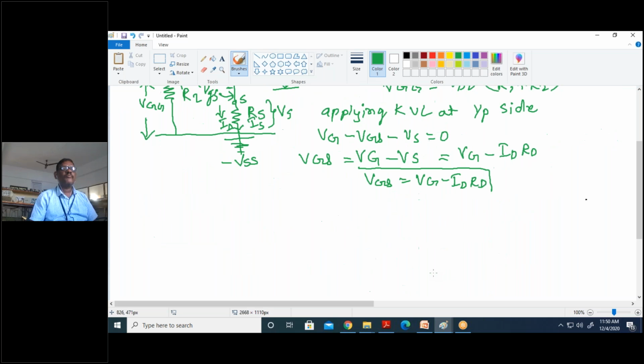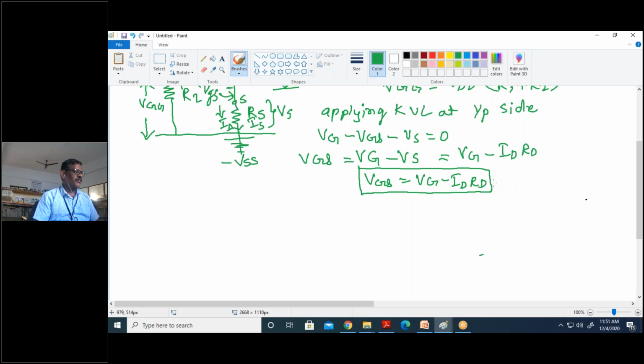This is the input voltage equation, because output current or drain current is controlled by gate voltage. So input voltage is compulsory. But in BJT, input current, because BJT acts as a current controlled device.